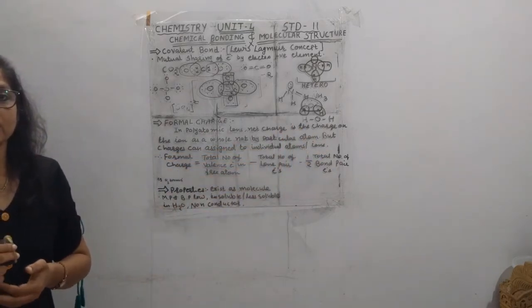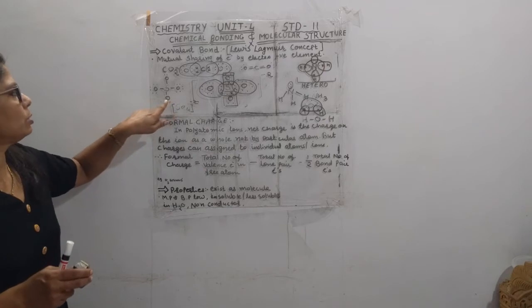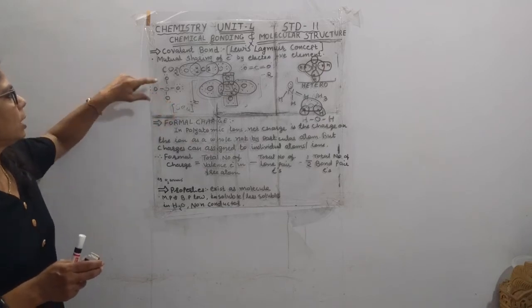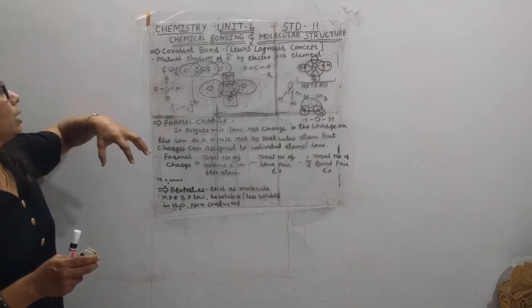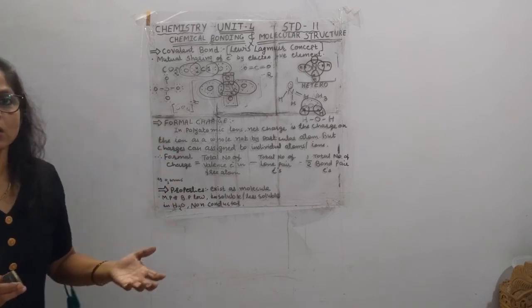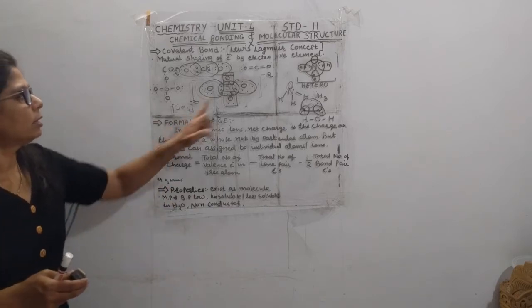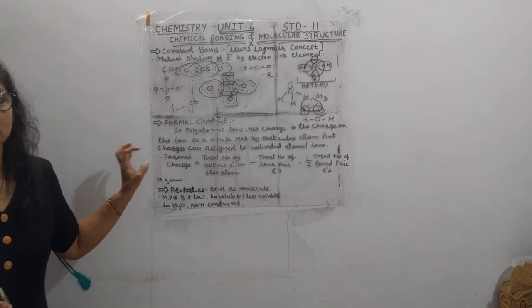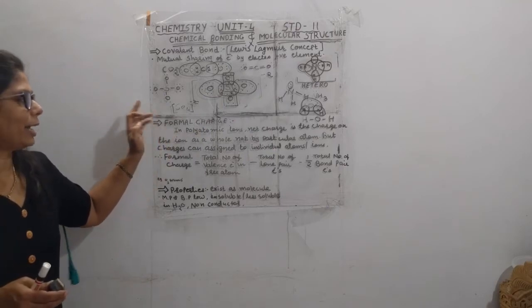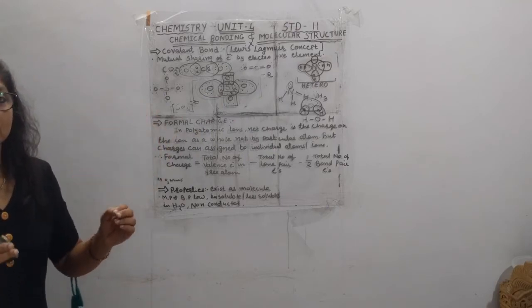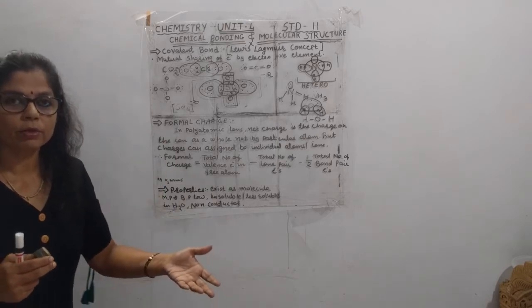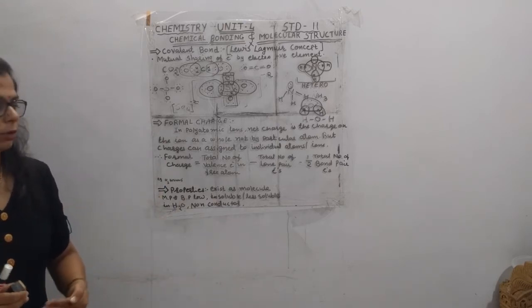As you can see here, these two oxygens required electrons to fulfill the octet rule. That's why this formal charge is due to the particular atom or ion, which has either more electrons or fewer electrons.